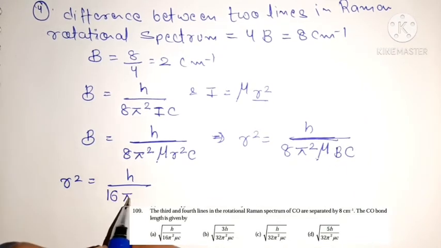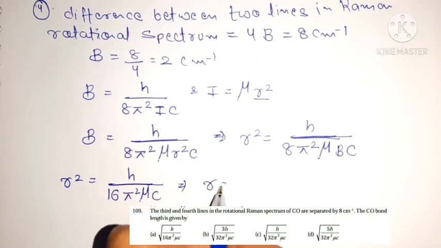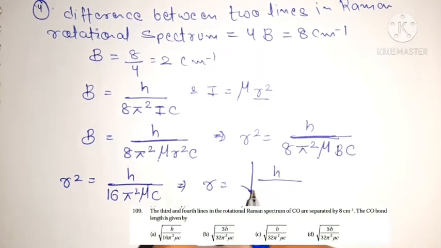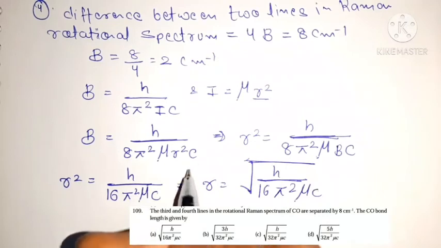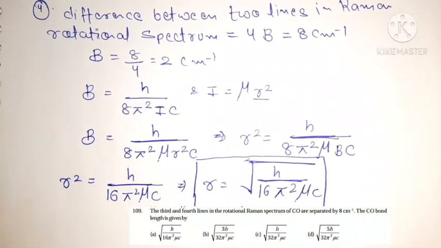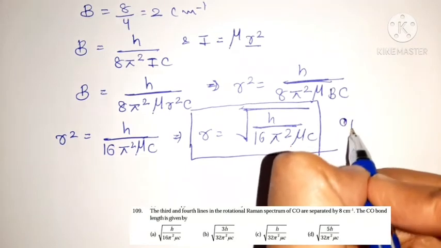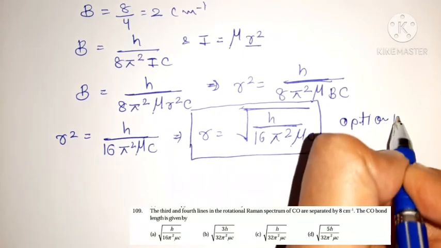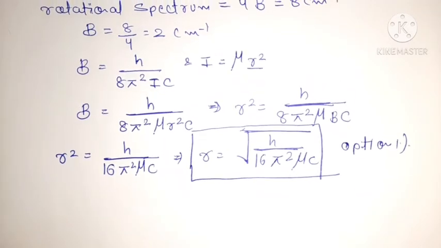So 16 pi square mu into C. So r is equal to under root of h upon 16 pi square mu into C. This is the value of your bond length r, and this is your option number first. Option number first is the correct answer for this question.